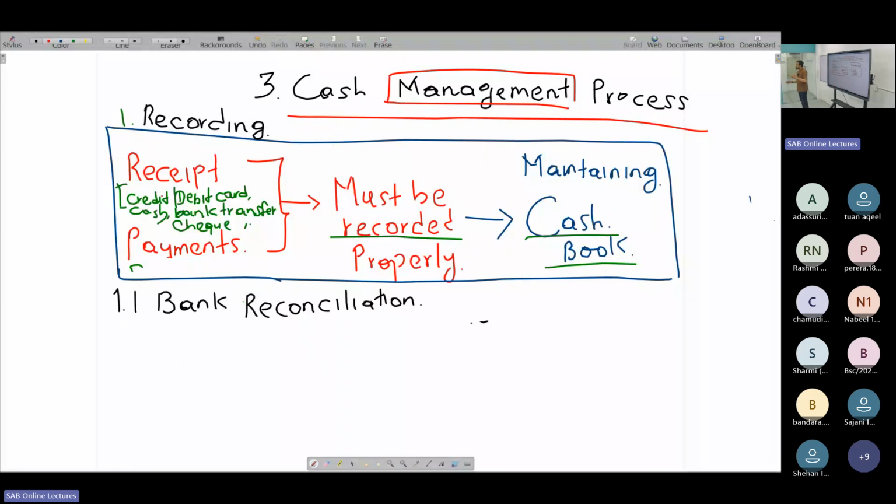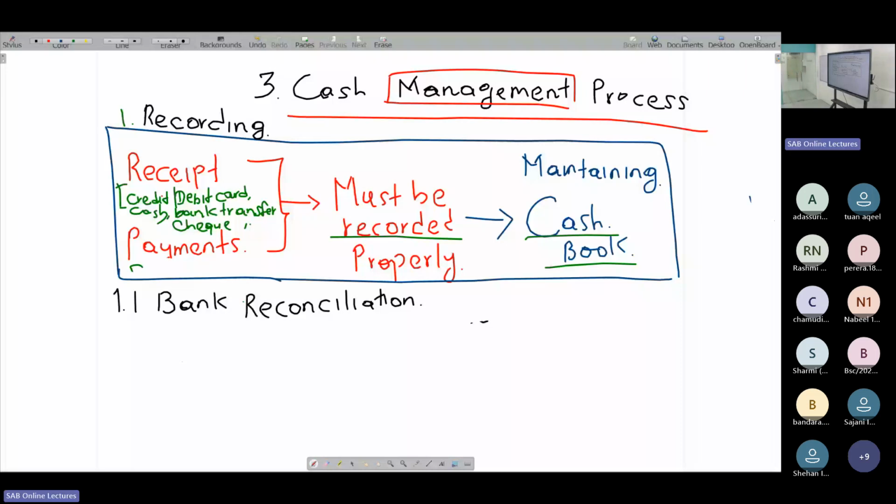Once you record in the cash book, if you make any transaction through the bank, especially cheque transfers, then definitely you should prepare a bank reconciliation. So bank reconciliation is also part of the recording management activity.